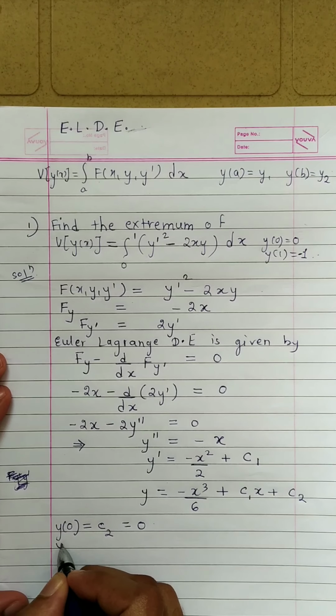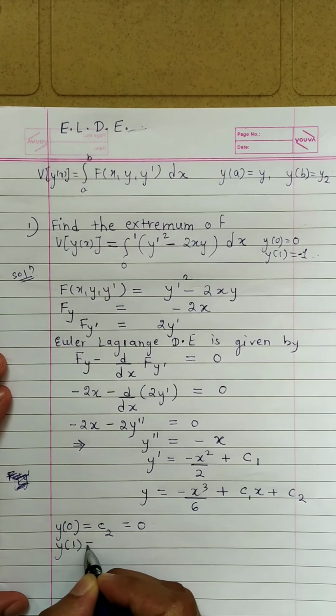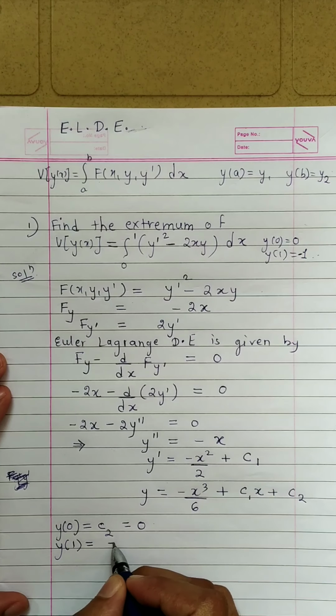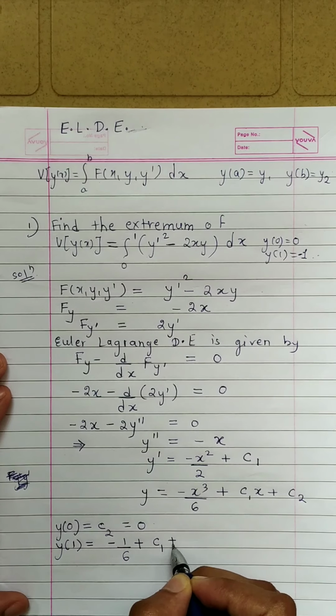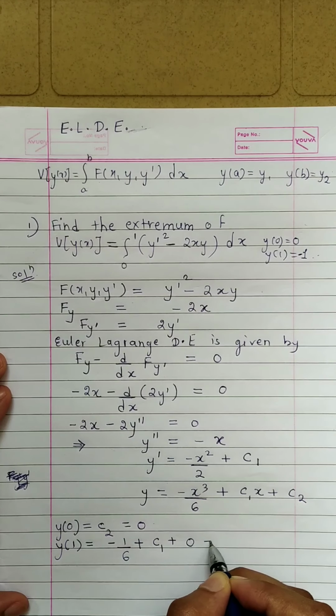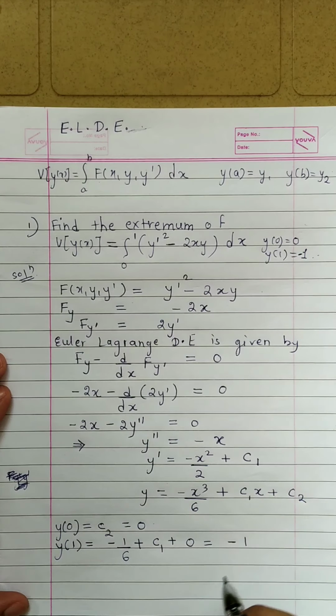Then if I put the other point, y at 1 will be minus 1 by 6 plus c1 plus c2, and c2 is 0, that will be equal to minus 1.